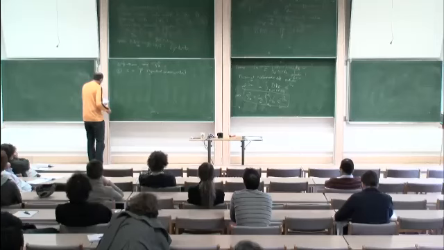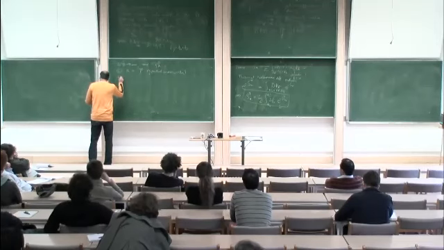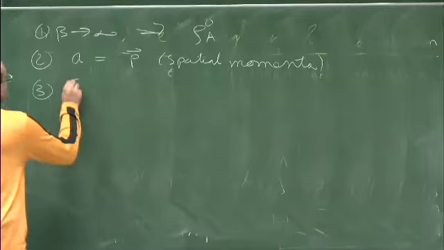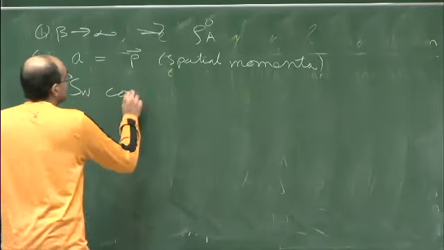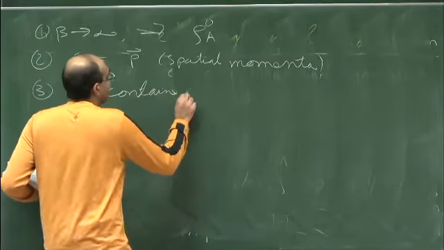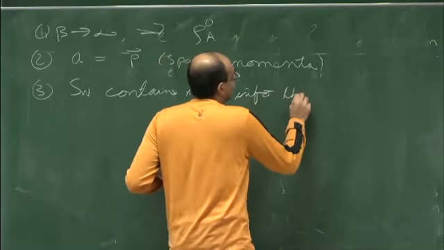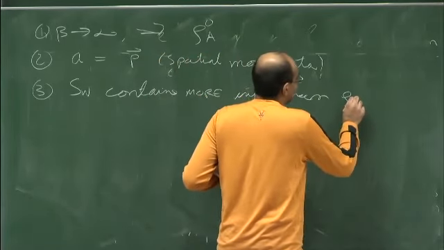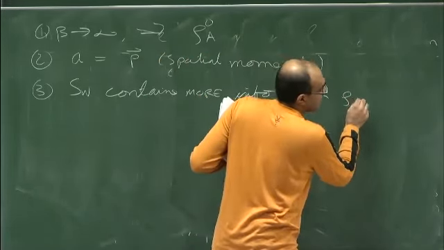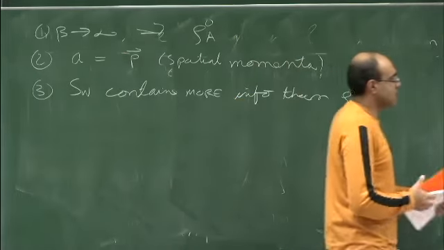Now 3, another comment, is the Wilsonian action contains more information than the density matrix. I want to emphasize that, because that's occasionally a source of confusion.